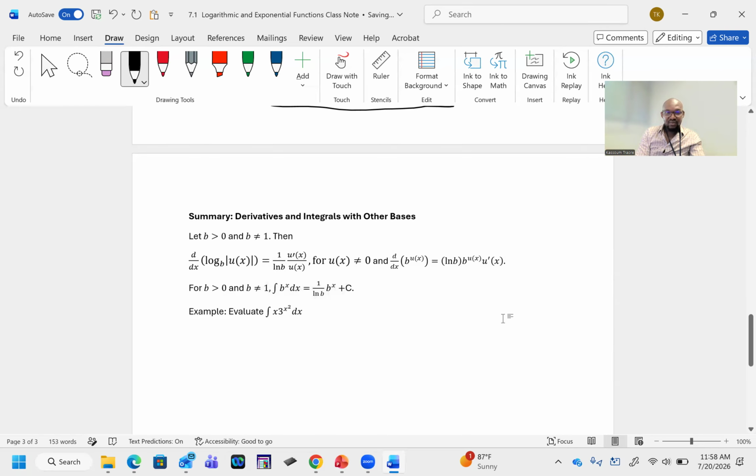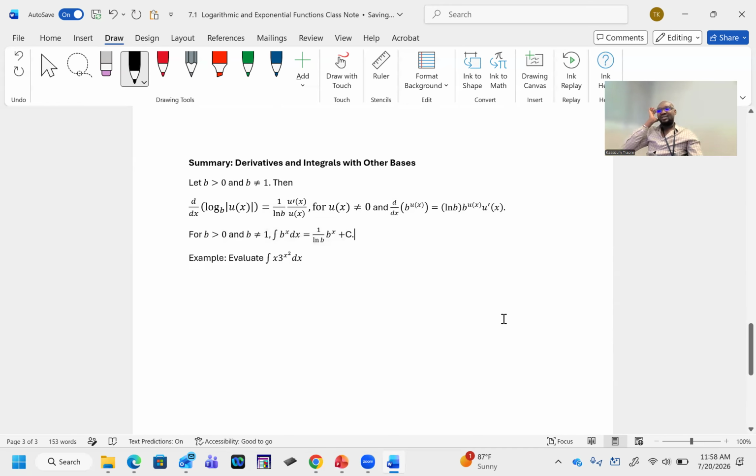So let's go ahead and do this example. We have to find the integral of x times 3 to the power of x squared. So let's go. Don't forget there is no product rule or quotient rule in integration.